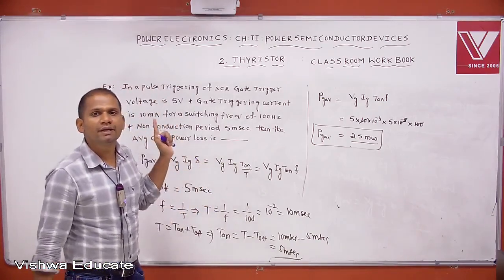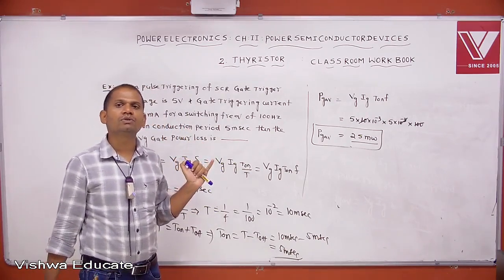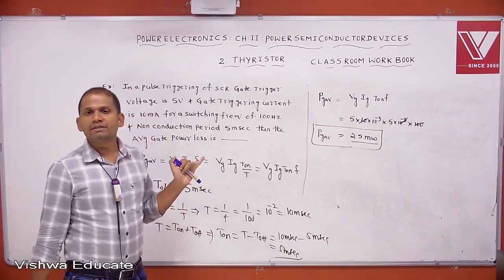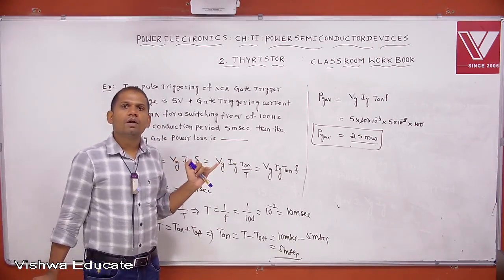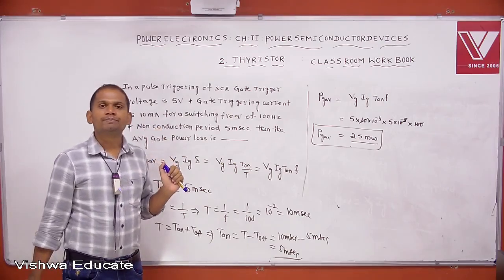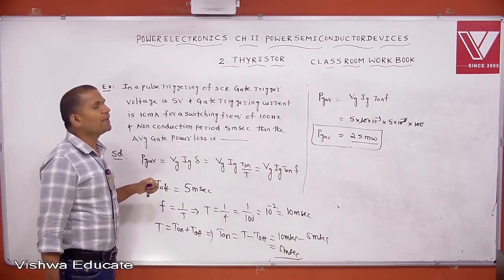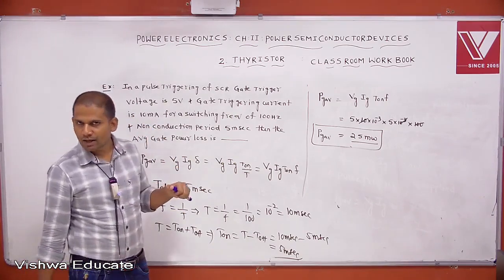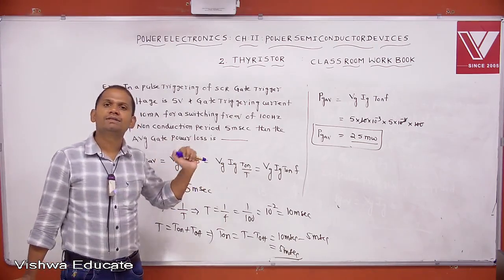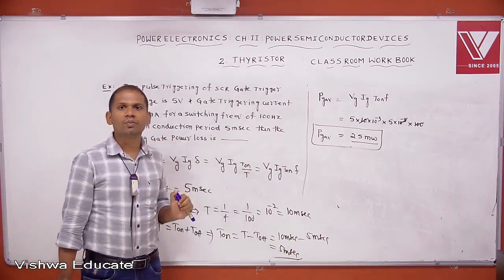Up to now in the thyristor, I started with static VI characteristics, that is modes of operation. Then I explained turn-on methods, that is two transistor analysis. After that, I discussed the switching characteristics, turn-on and turn-off characteristics. Then I discussed gate characteristics, and based on all these concepts, I solved these classroom workbook questions.